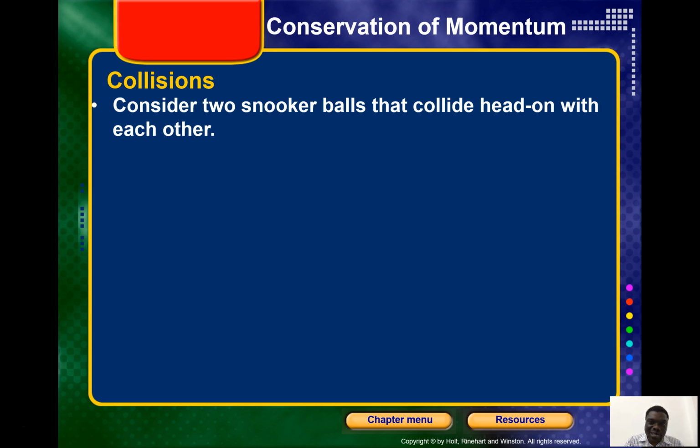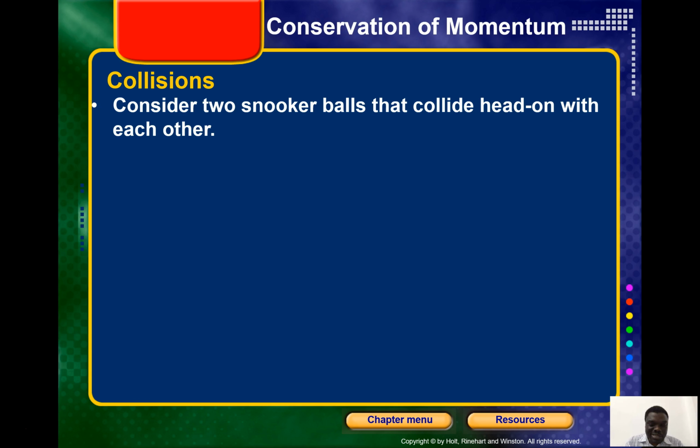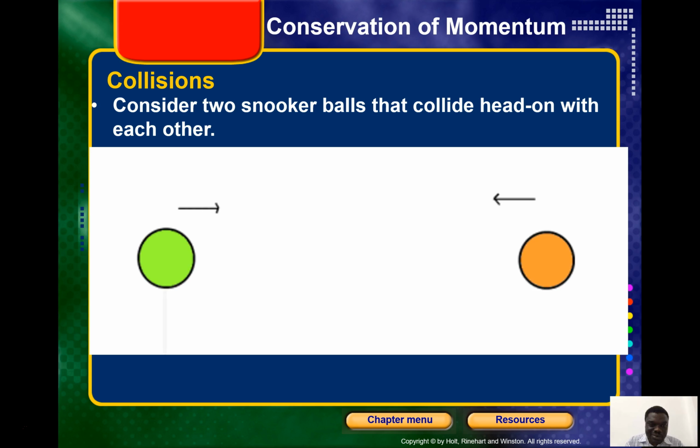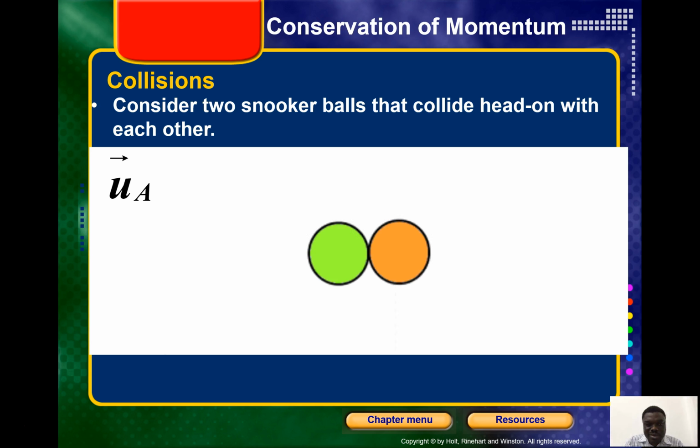Let's consider two snooker balls that collide head-on with each other, as you see in this photo here. Before the collision, let the first ball A be moving with velocity UA, and the second ball B be moving with velocity UB.